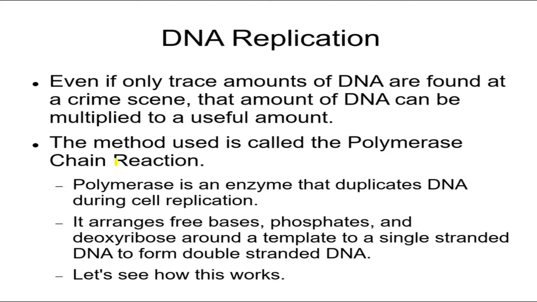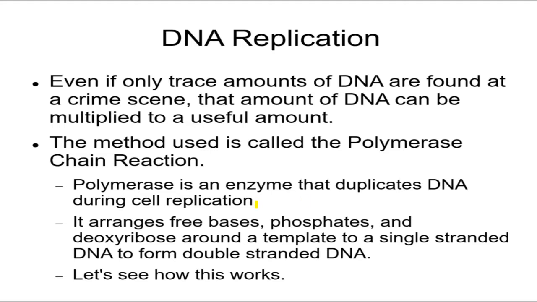Anyway, so polymerase is an enzyme, and what it does, it doesn't break things apart, it actually enables DNA to replicate. It does this during natural cell replication, but we can use it in the lab to take DNA that we find and replicate that, or even just parts of it. What it does in general, we'll see how it works in more detail soon, but if you've got DNA, you put it in a solution with lots of the free bases, all kinds of A, T, G, C, all over the solution.